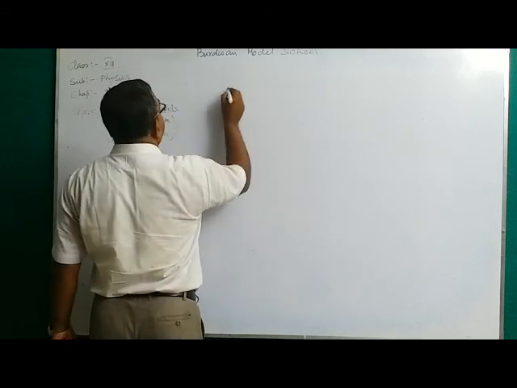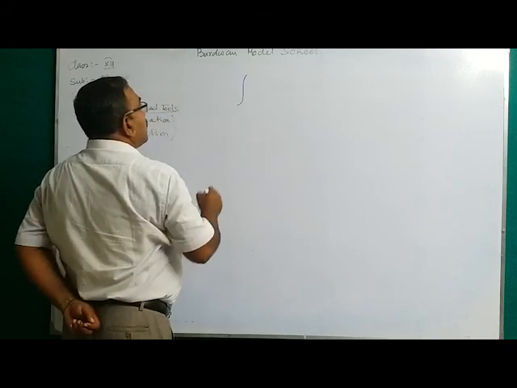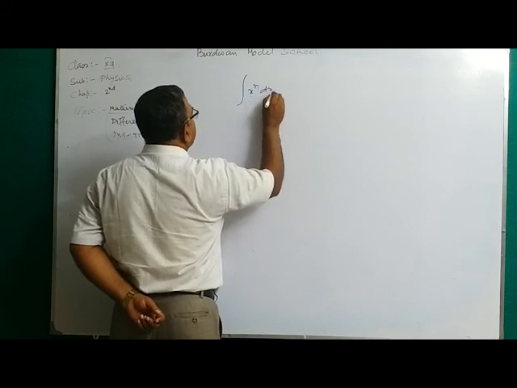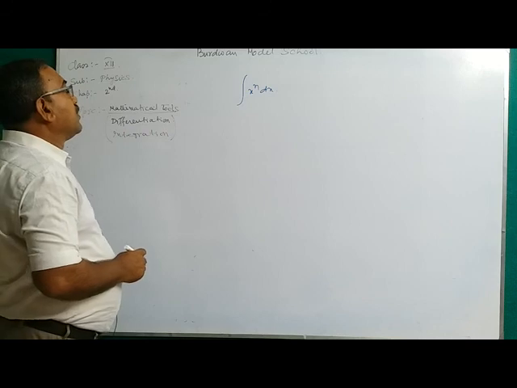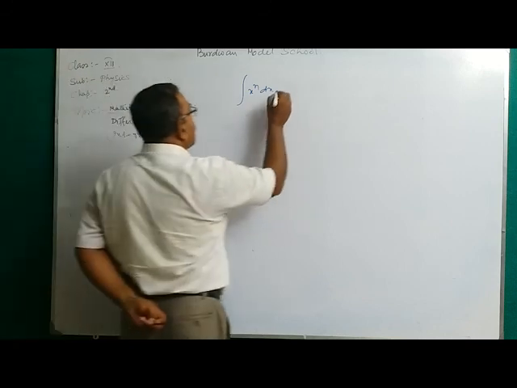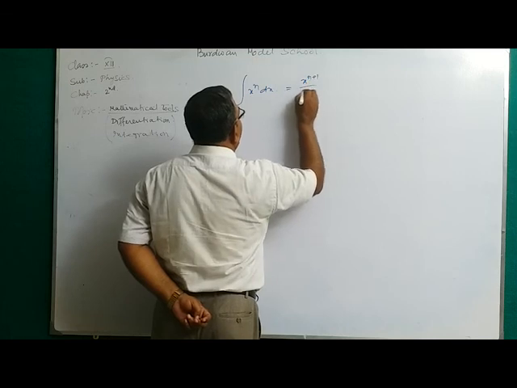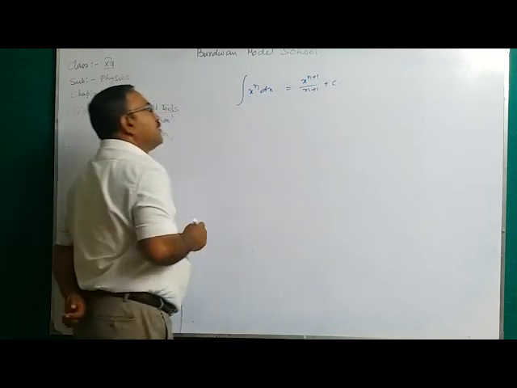Integration formula. Just the sign is different. Integral of x to the power n dx. This formula will be x to the power n plus 1 by n plus 1 plus integration constant c.